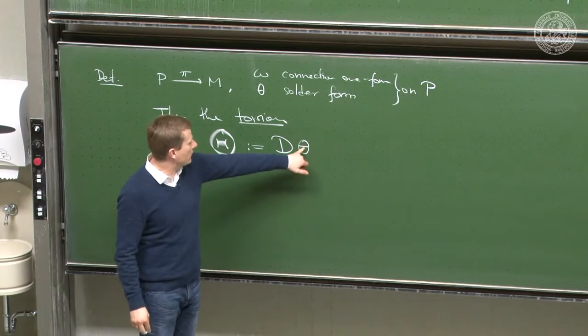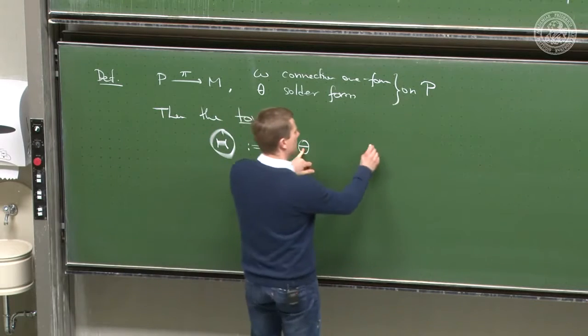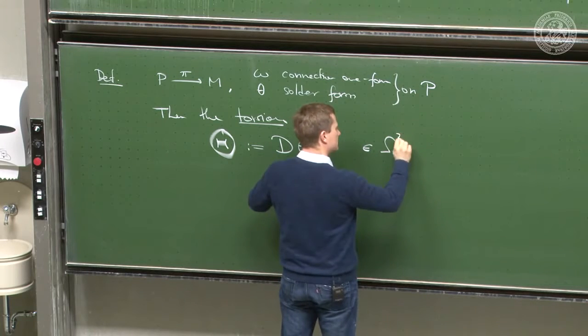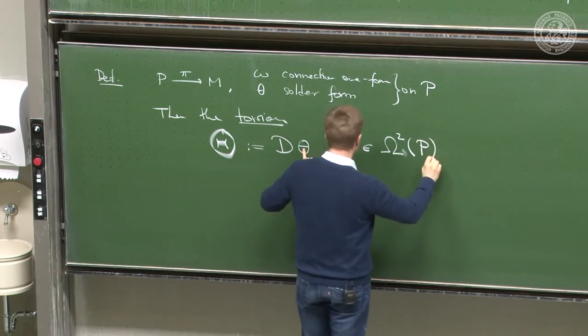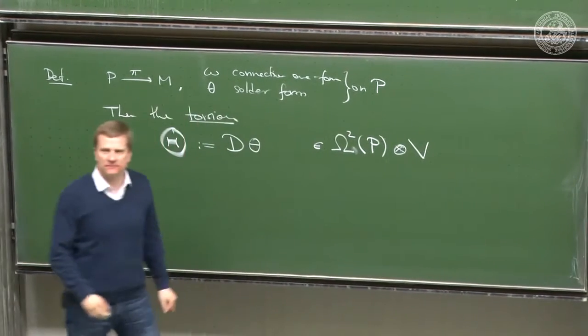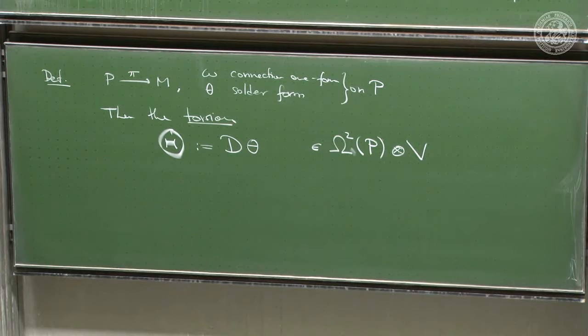Well, this is a 1-form, so the exterior covariant derivative makes this a 2-form on the total space, and how is it valued? It's V-valued, V being the linear representation space of dimension dim M of the group. So this is the torsion 2-form on P.